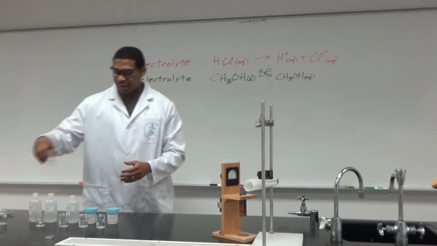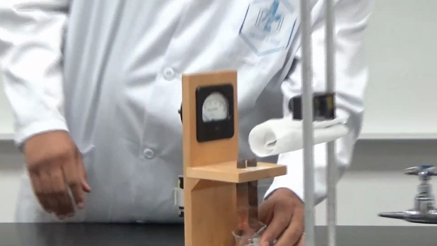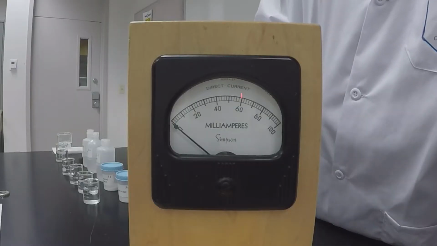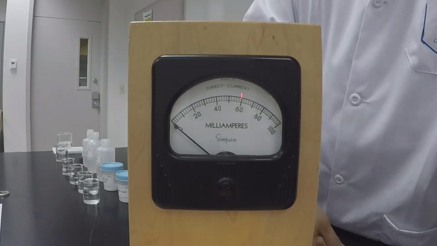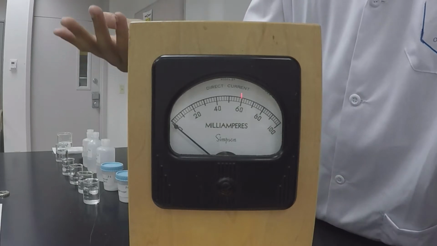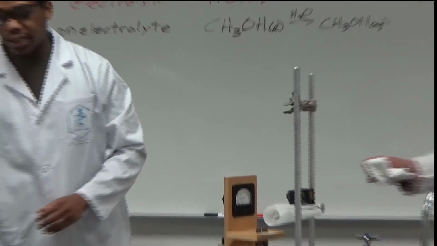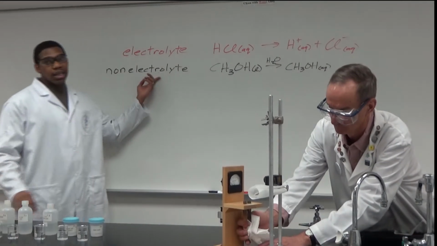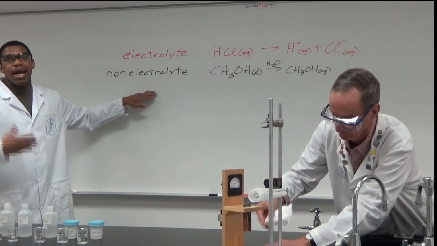If we place this methanol solution inside this conductive meter, you can see there's no movement of the arrow. So this solution is not very conductive. What we would call that solution is a non-electrolyte solution. Non-electrolyte means that it's not conductive.